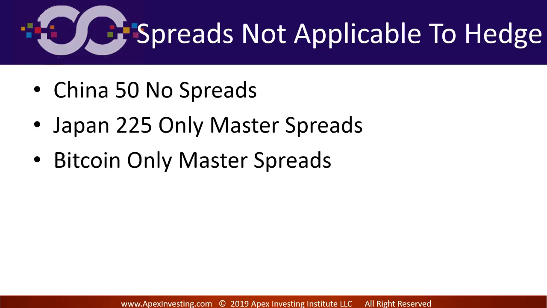Okay, so they're great if you want to trade those markets, but you'd be looking at the spreads on the Nikkei and Bitcoin, and you'd be looking at binaries on China 50. So not contracts I trade a whole lot myself. I have traded them in the past, but really just not my big focus. There's plenty of other markets that are worth focusing on.